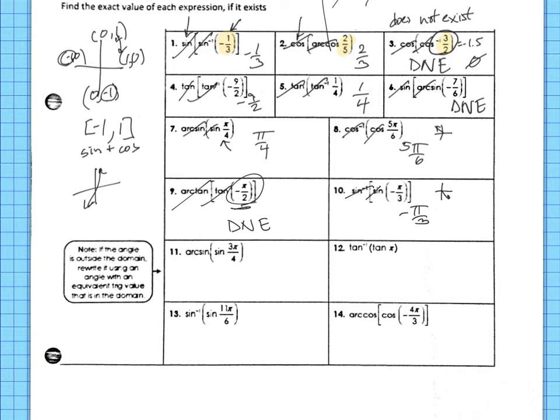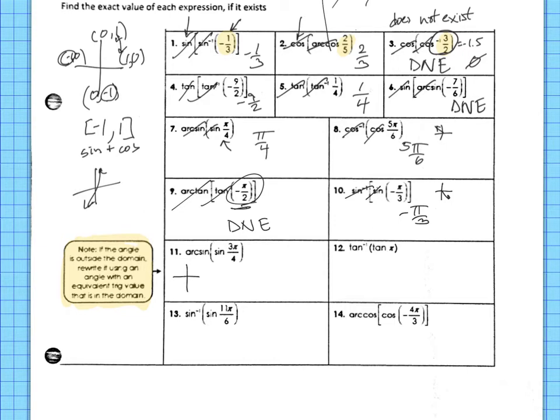Now, for this one, and this is a really good tip, which is why I left it there: if the angle is outside of the domain, rewrite it using an angle that's inside the domain. So 3 pi over 4.